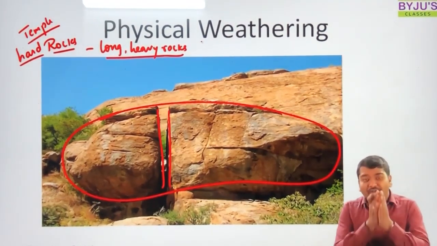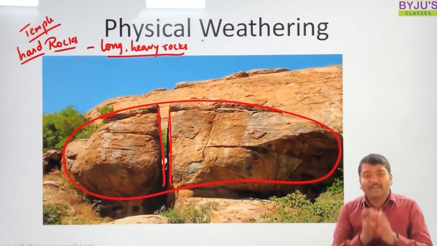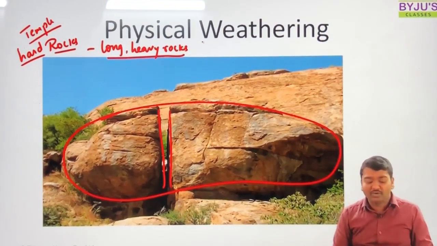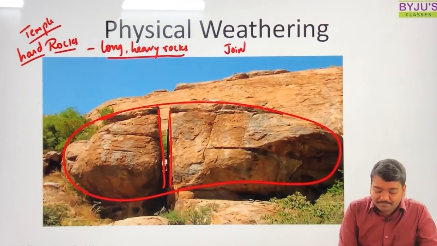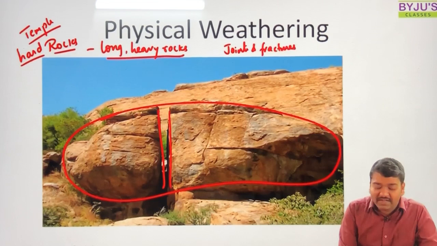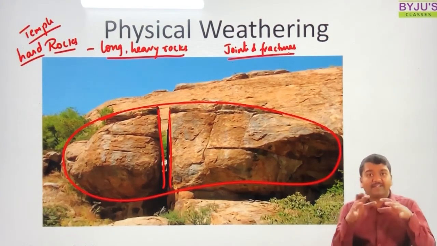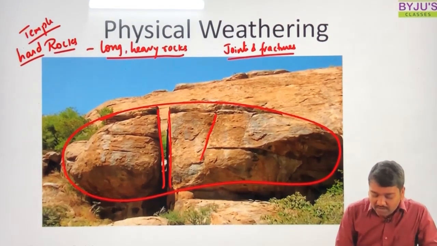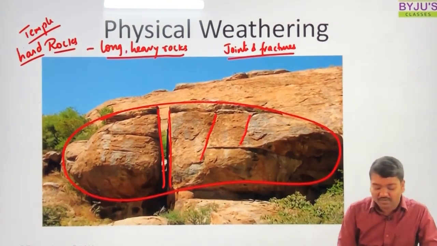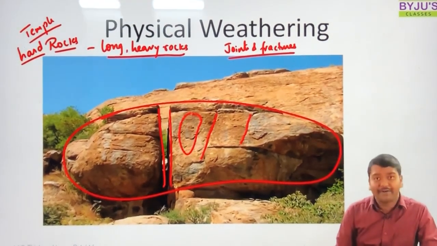At that time, wherever they had joints and little fractures, these are the weakest portions within the rock. The other parts will be harder to break.